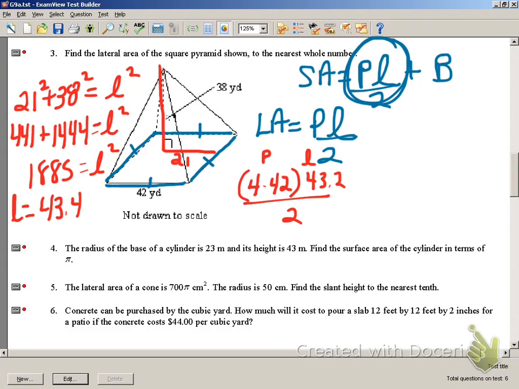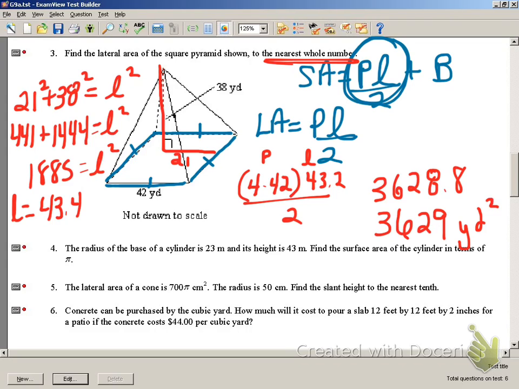So 4 times 42 times 43.2 divided by 2 gives me a number of 3628.8. But yet my directions say round to the nearest whole number. So my lateral area is approximately 3,629 squared yards.